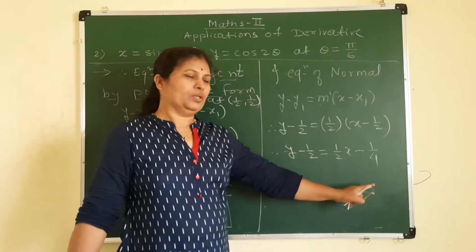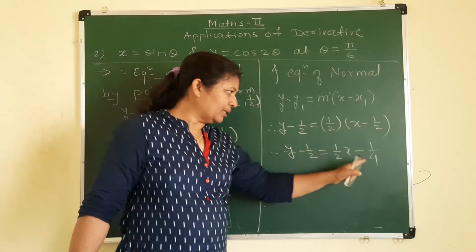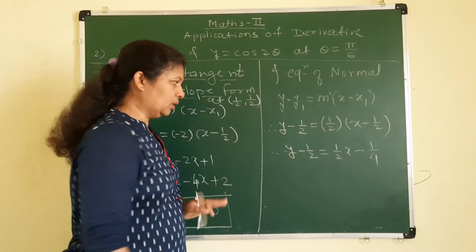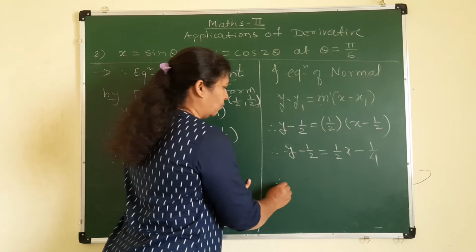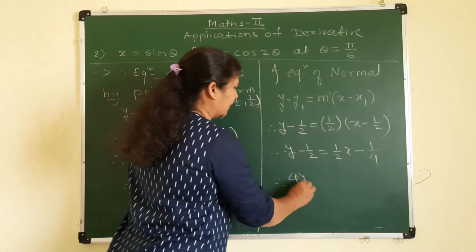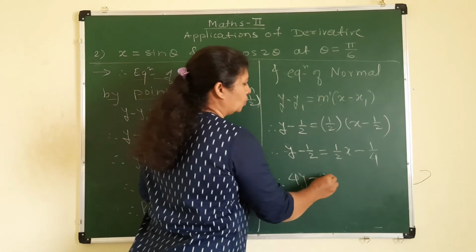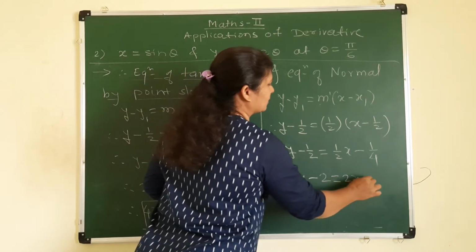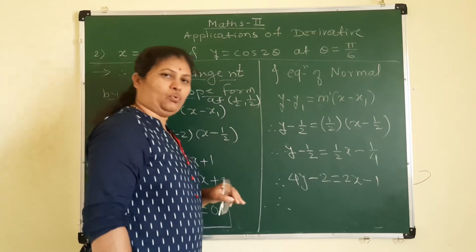Now look at the denominator. The LCM is 4, so multiply throughout by 4 so that we can simplify the terms. Multiplying by 4 on both sides, 4y minus 1 by 2 into 4 that is 2, is equal to 4 into 1 by 2, that is 2x, minus 4 will get cancelled.